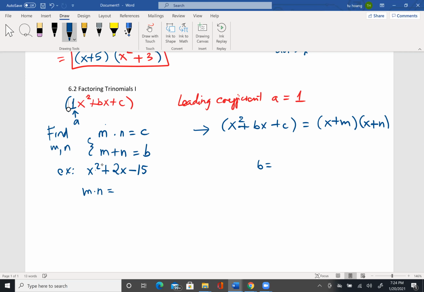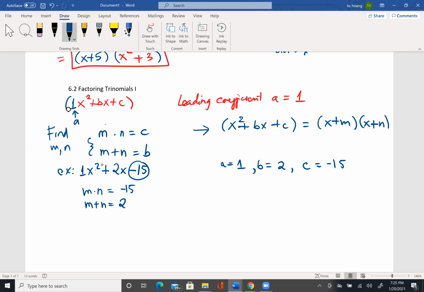I know that a in here is equal to 1, b in here is 2, and c in here is equal to negative 15. Don't forget the negative here, right? Now I know two numbers m times n should be equal to negative 15, and the addition, m plus n, will be equal to 2.